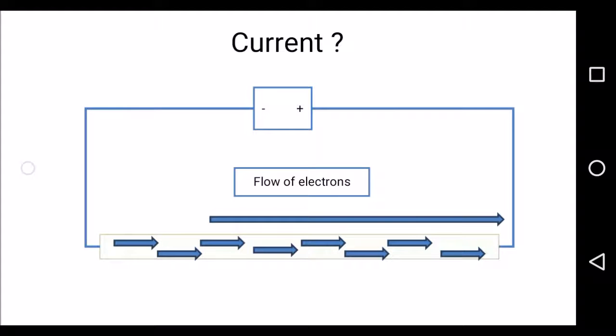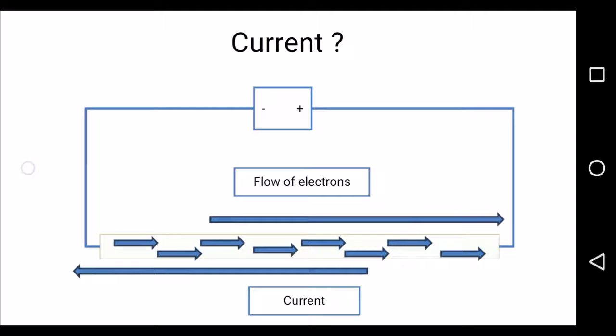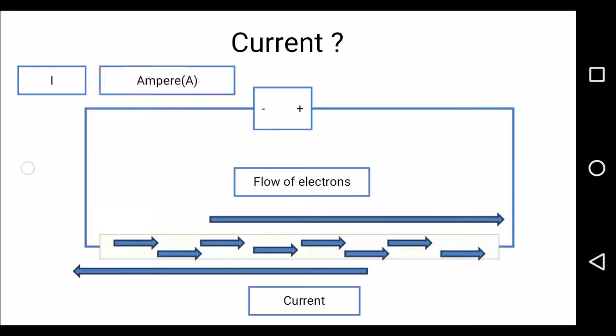It is from the positive terminal of the battery to the negative terminal of the battery. So, current is defined as the flow of electrons in the wire. Current is denoted by the capital letter I and its unit is ampere.